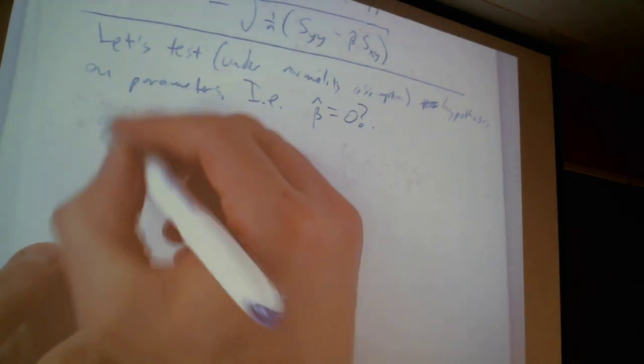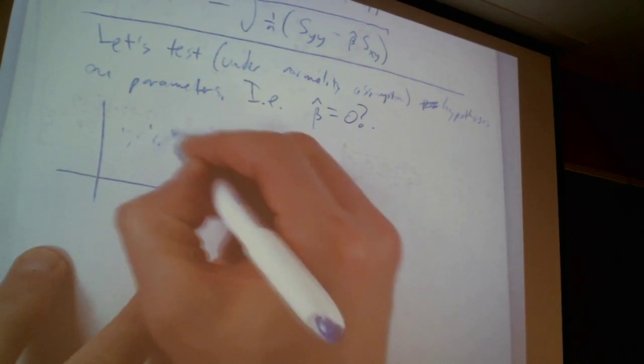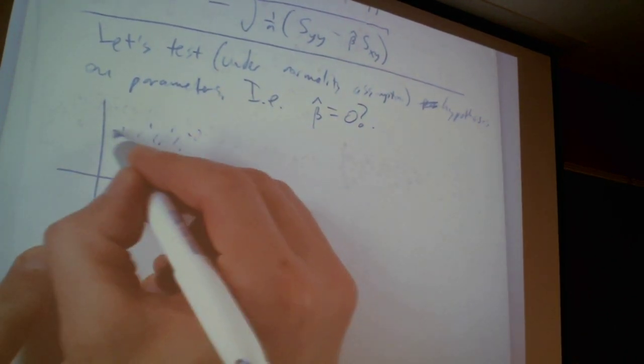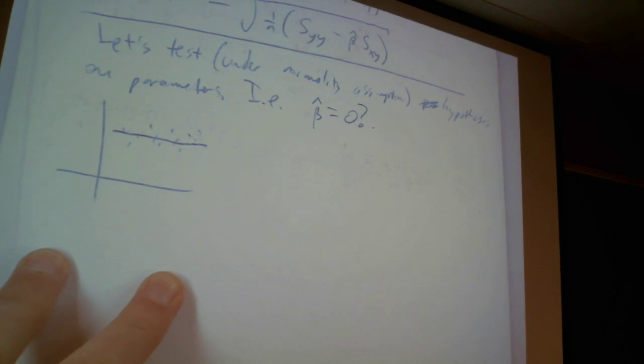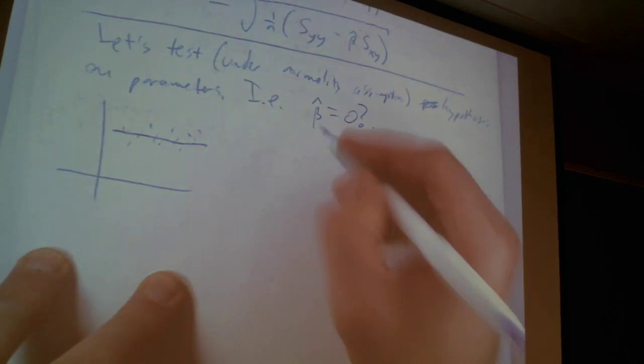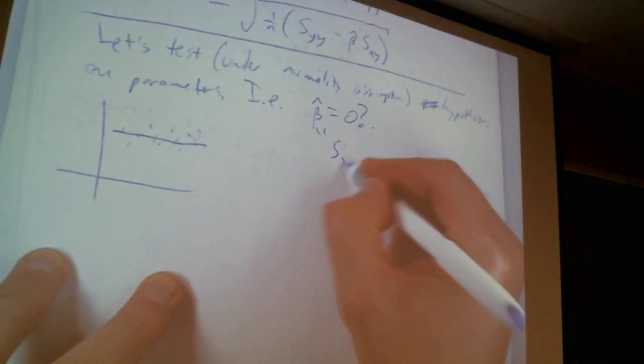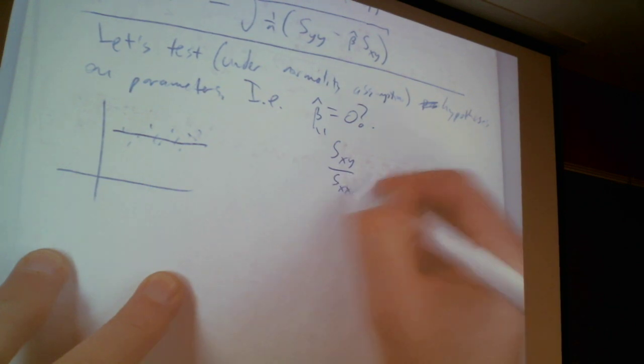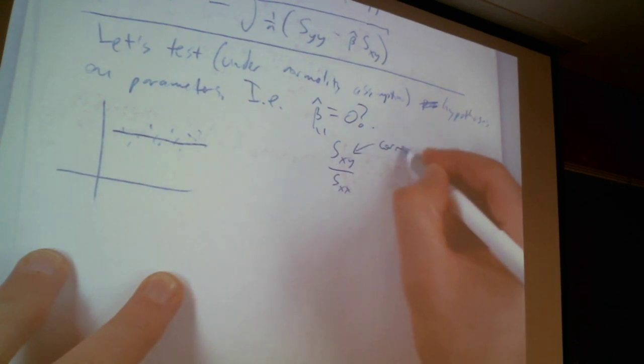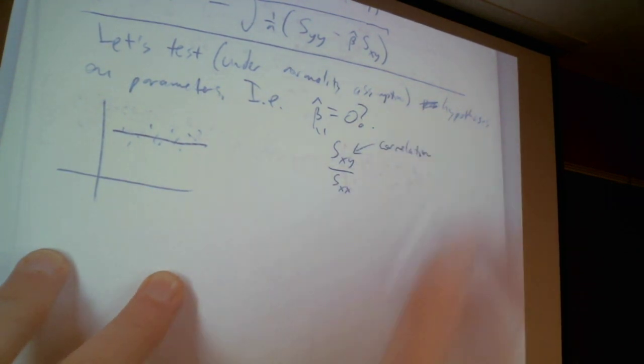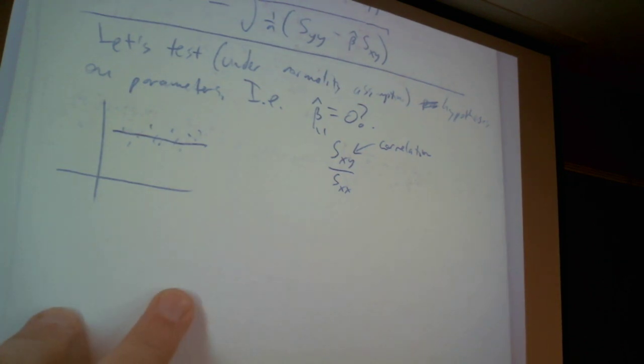Remember this data plot? Here's our scatter plot. What if the slope looks flat? Beta hat, by the way, was SXY over SXX. This is the correlation. Right?